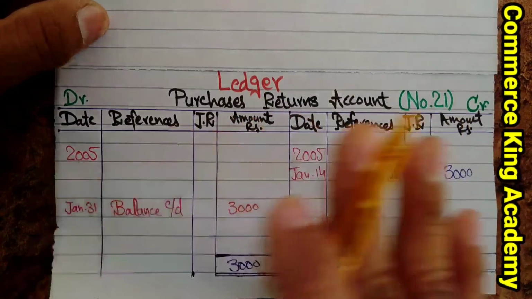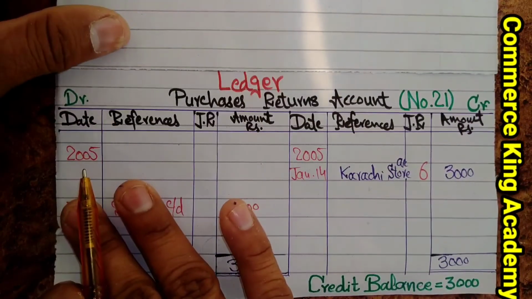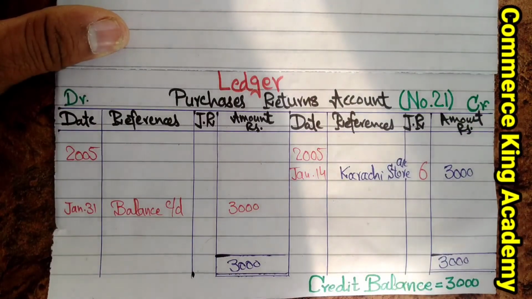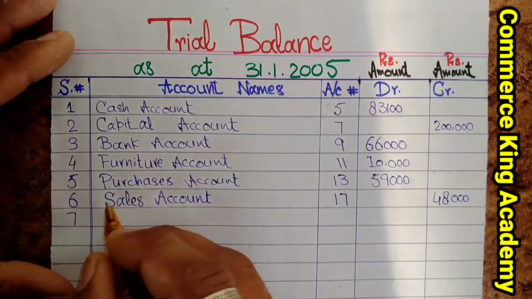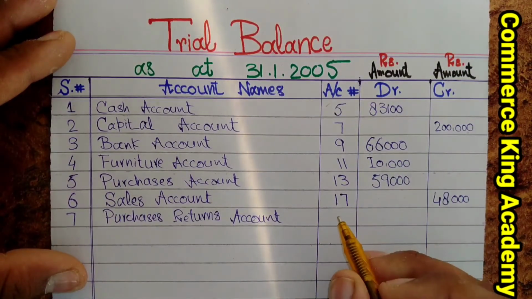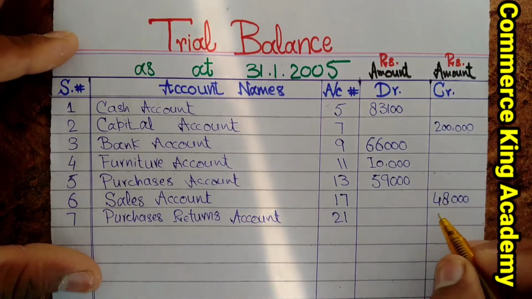The difference of 3,000 rupees on debit side, ultimately credit side heavier, so we have credit balance 3,000 rupees. Serial number 7, purchases returns account, account number 21, credit balance 3,000 rupees.